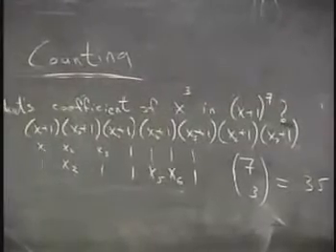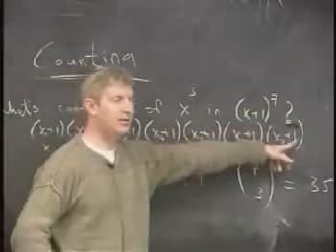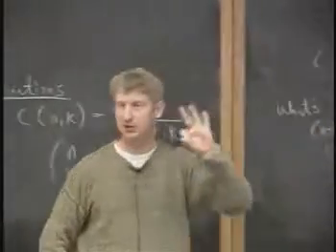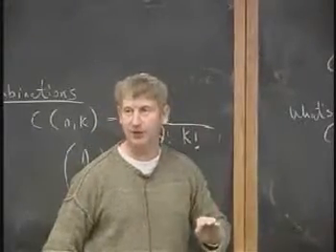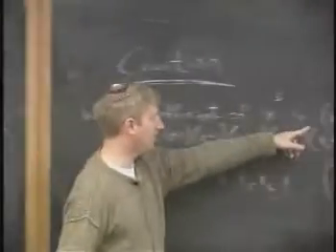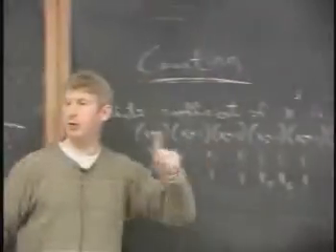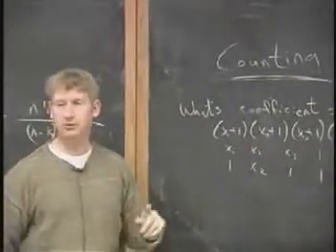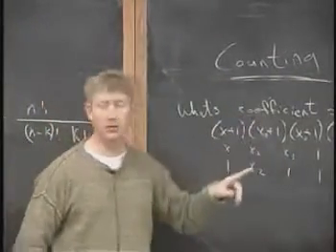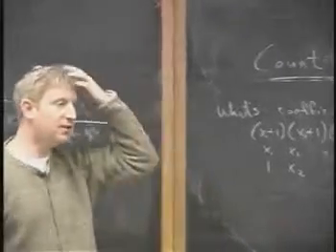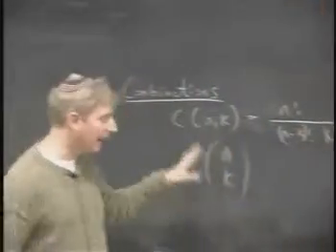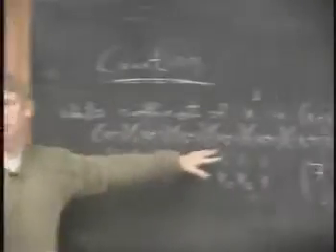That means there are 35 ways of multiplying these terms together and getting 3 x's in the resulting term. That means there are 35 pieces of this multiplication that will have x cubed. So the coefficient in front of the x cubed is going to be 35. This is an important problem to look at. It connects counting back to algebra.